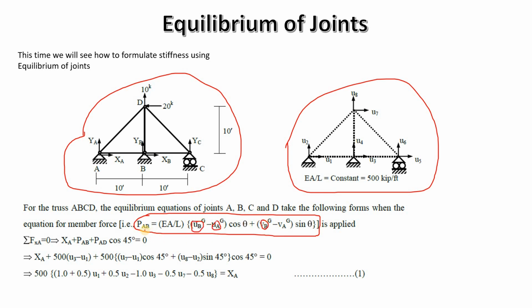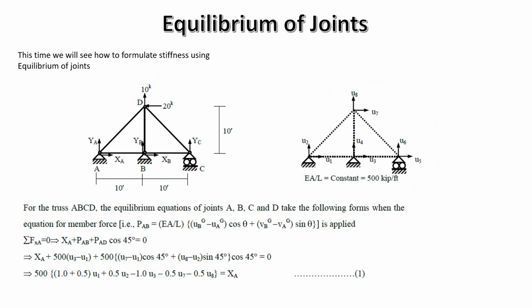So this is the equation that is going to play the major role here to give us the same stiffness results that we would have gotten using the stiffness matrix method. Let me just explain one equation, and the rest of the equations are similar.